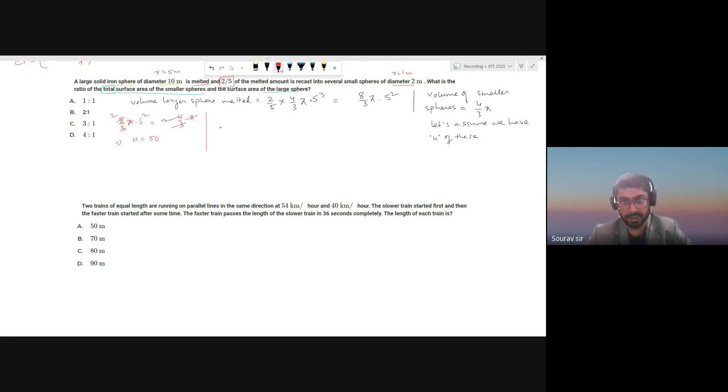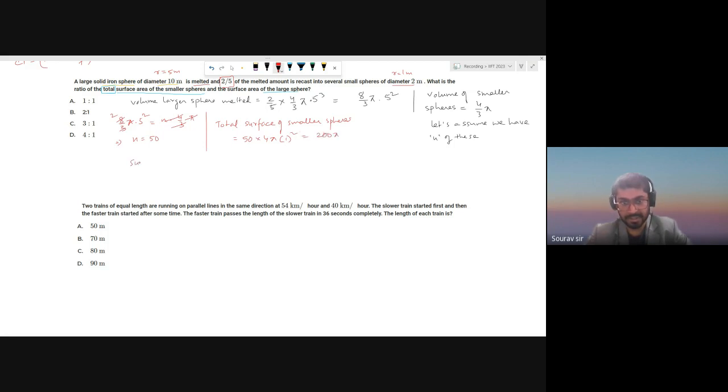Now calculate the total surface area of smaller spheres. There are 50, so 50 into 4 pi r square. R is 1 square. This is 200 pi.